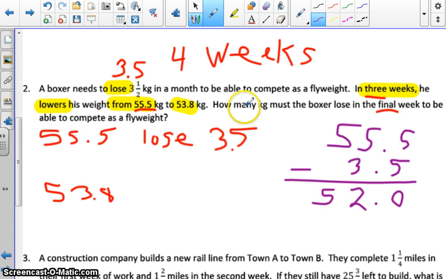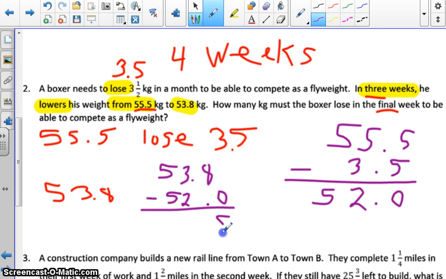So what is he at after 3? This one is after 3, so he's close. 53.8, that's only 1.8 that he's got to lose. Sorry, I did that in my head, but if it needs to get to 52 and he's at 53.8, then we just do subtraction again. 53.8 minus 52 to find the difference.